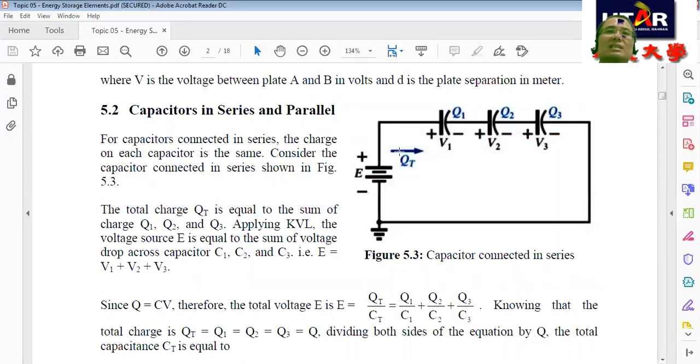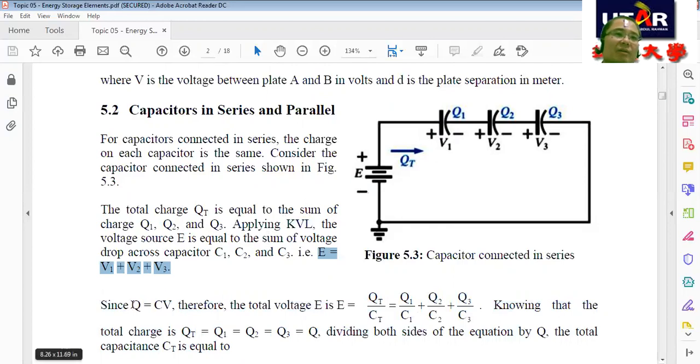Applying Kirchhoff's voltage law, the voltage source E is equal to the sum of the voltage drops across C1, C2, and C3. So applying KVL, E equals V1 plus V2 plus V3.